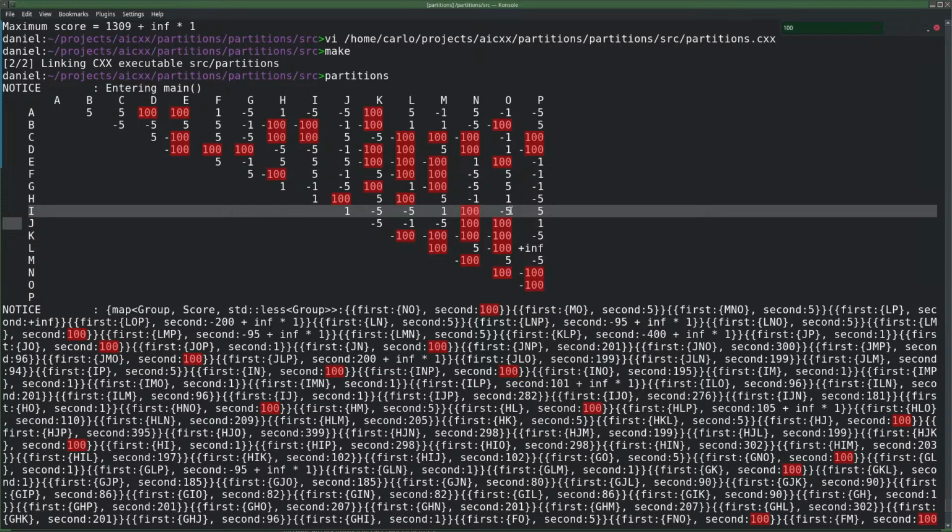IO is minus 5. What? It's minus 10. I'm looking at ILO, that's not correct. I was looking for this one, IJO. IJ is 1 and O is minus 5, so it is minus 4. And then JO is 100, so that's 94. So it should be 94, but it isn't.